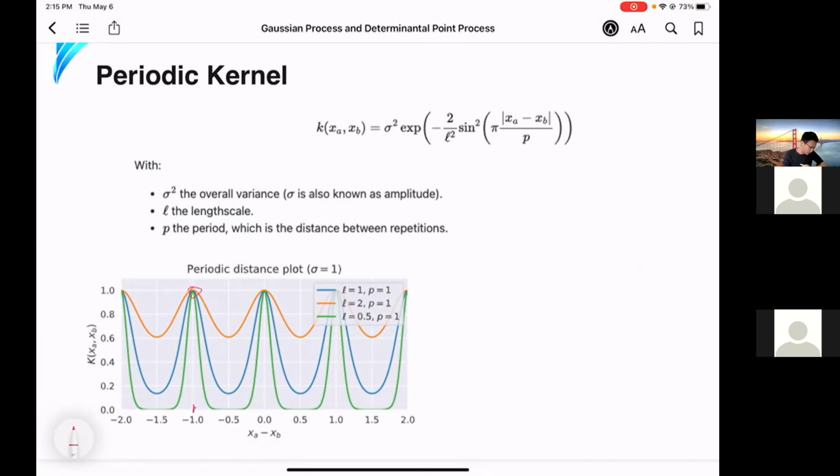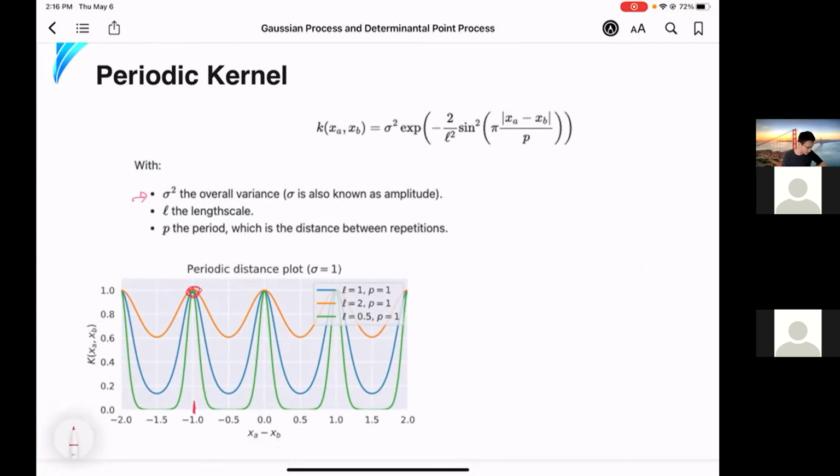For example, if we look at xa minus xb equals -1, they have this distance, but still the kernel function gives us covariance equals 1. We can use three different hyperparameters to control this periodic kernel.